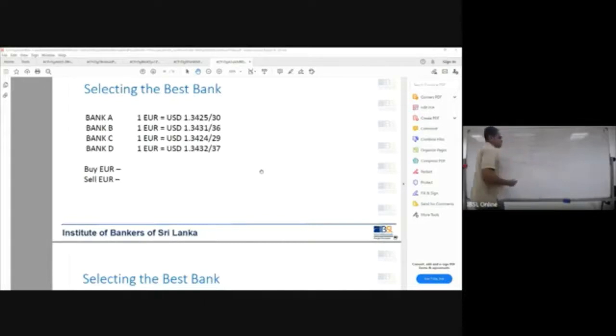So bid is higher than the offer, which means there is definitely arbitrage. So what you can do is you can buy at 134.29 from Bank C and sell at 134.32 to Bank D. There are also other opportunities, like you can buy from C and sell to B. You can buy from A at 30 and sell to B at 31, or to D at 32, right? But this is the highest potential.